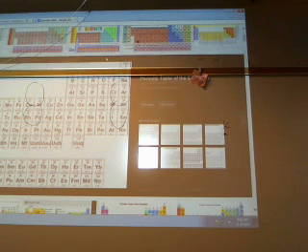Read it off for me from radon. Radon's over here, 86. So 87, 88 would be 7s2. Then we have to go to 89. But where is 89? Can you guys see it?